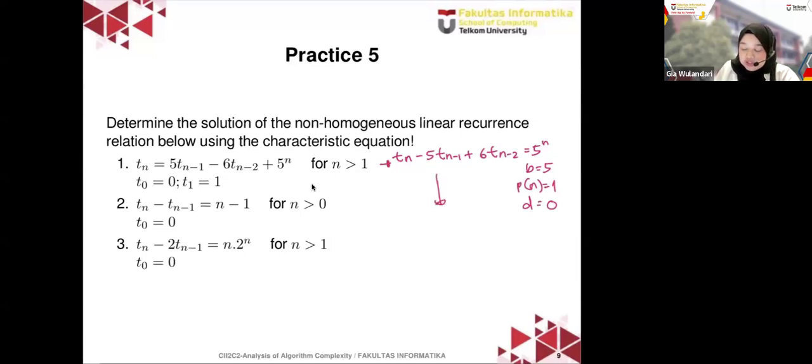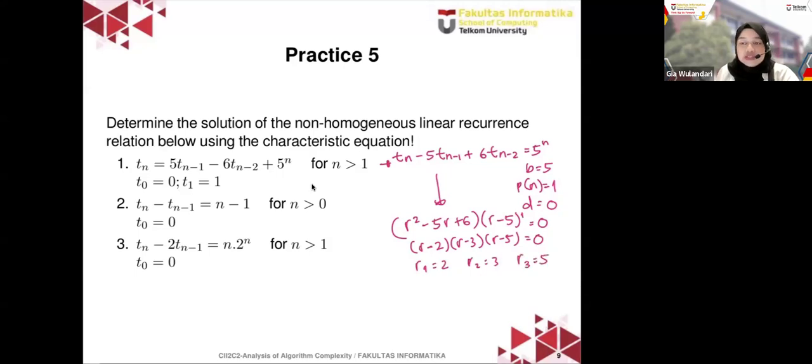So the characteristic equation will be r squared minus 5r plus 6. But we need another factor, which is r minus b to d plus 1, which is 1. So we will have r minus 2, r minus 3, r minus 5 equals to 0. So r1 is equal to 2, r2 is equal to 3, and r3 is equal to 5. The rest is like what we had before.